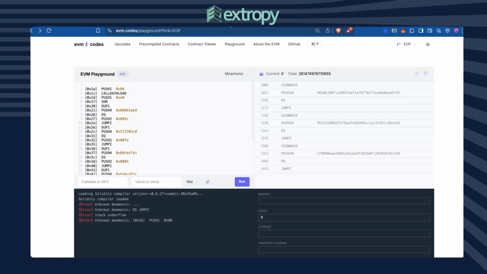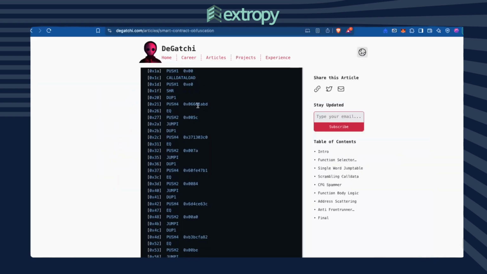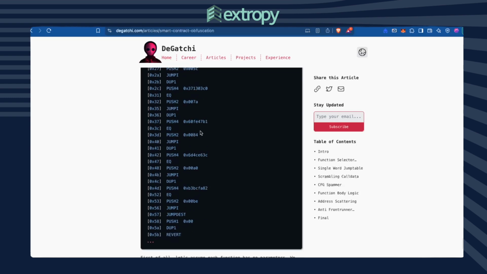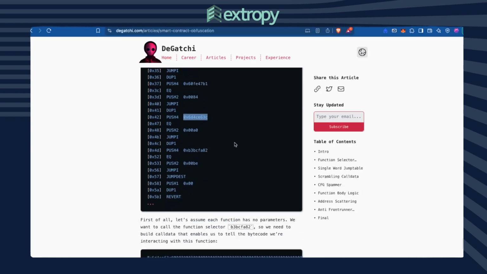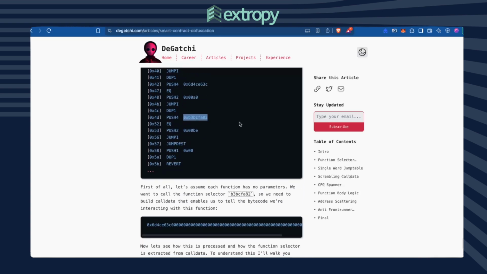But the point is that it's jumping depending on various values of the function selector, so the EVM can jump to the correct point in your code.